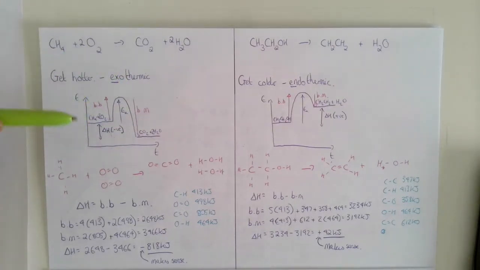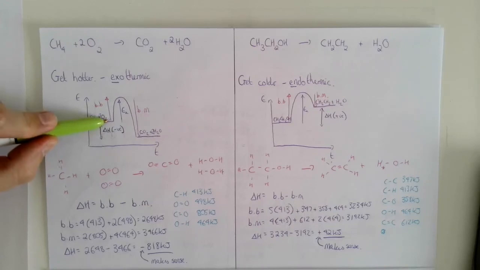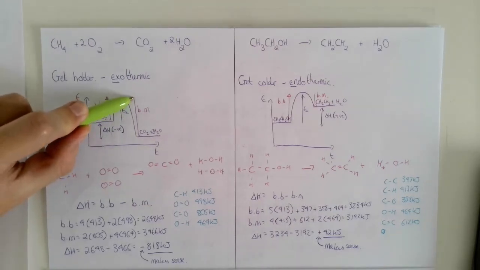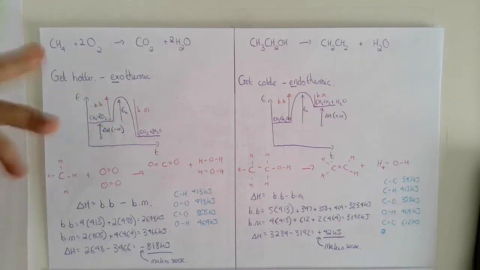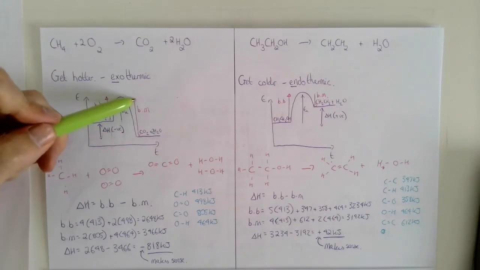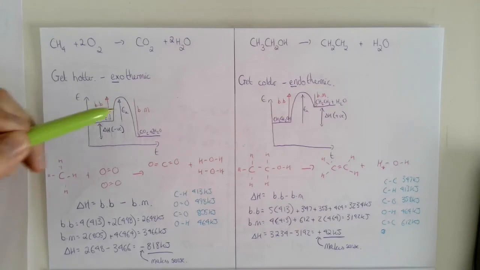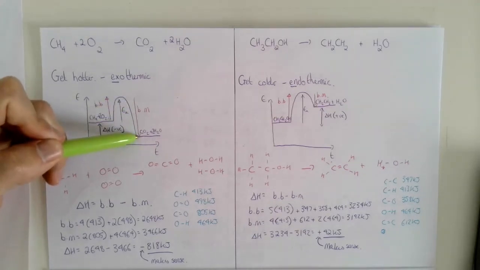So if we look at exothermic to begin with, you can see in an exothermic reaction, the energy required to break the bonds is that much there, but the energy that we get released when we make new bonds is much bigger than the energy required to break the bonds. So a reaction is exothermic when the energy required to break the bonds in the reactants is less than the energy released when we make the new bonds in the products.